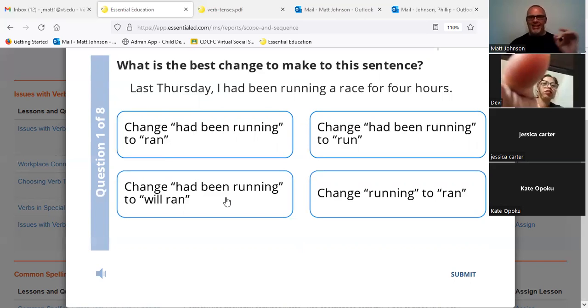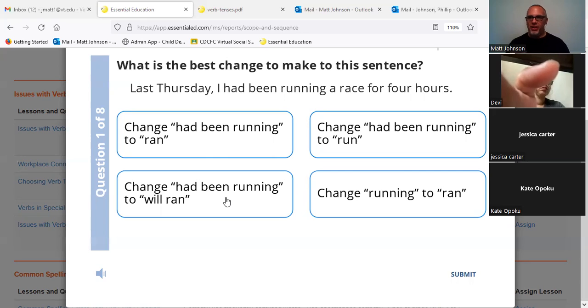So the idea here, just like everything else, we look for signal words. When we see last Saturday, we know that that happened in the past. And we're making it basically just that simple tense. All we need to do is say, last Saturday, I ran a race for 4 hours.